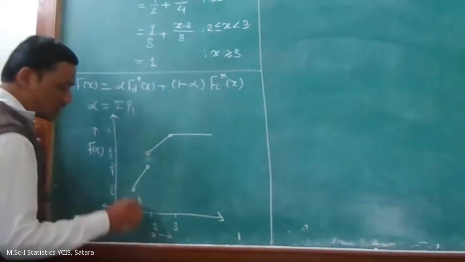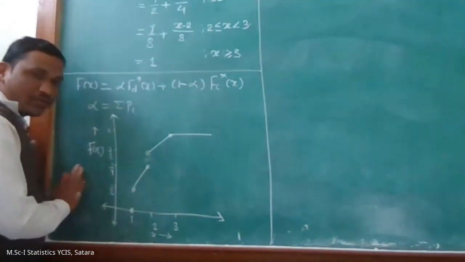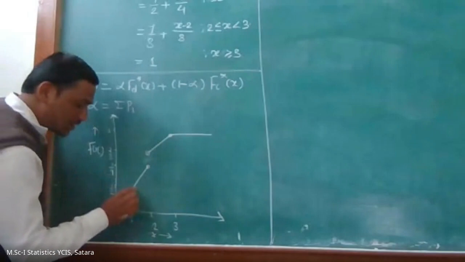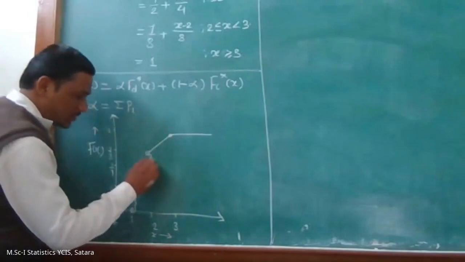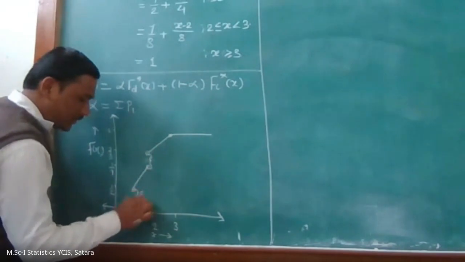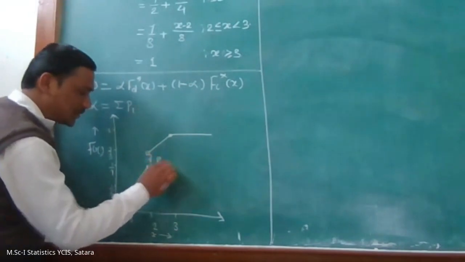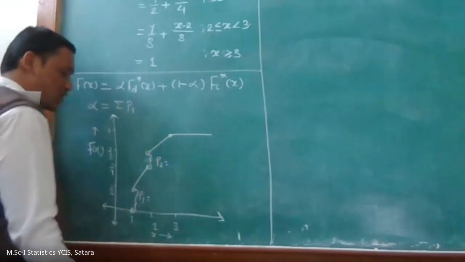Okay, so how many jump points are there? There are two jump points. This is P1 and this is P2. Then what is the value of P1?